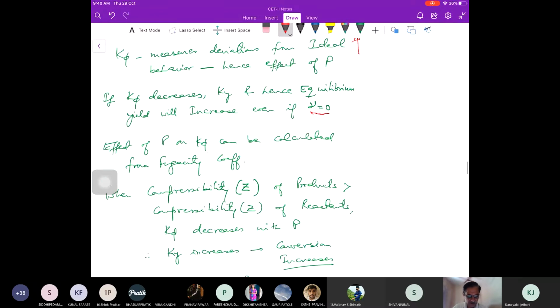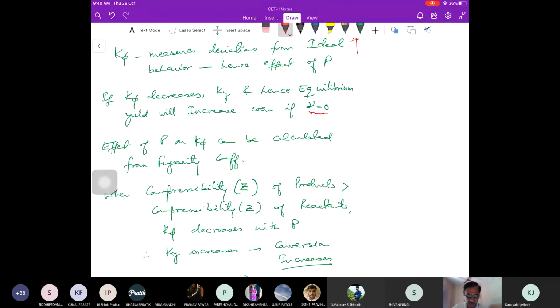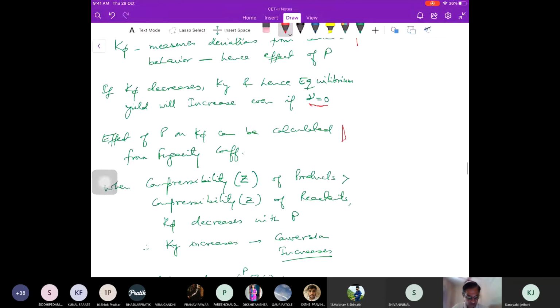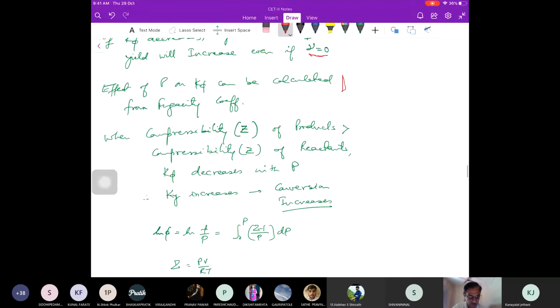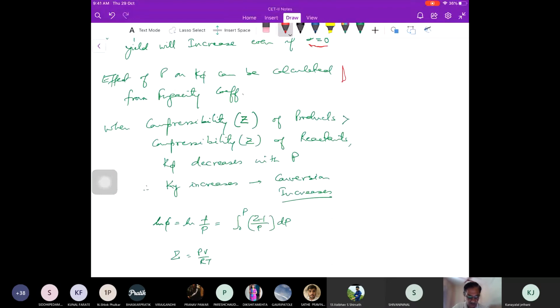And the effect of pressure on K phi can be calculated from the fugacity coefficient. We calculated this, right? We have done these calculations. I think it was in unit 3, right? Okay. So when the compressibility of products is greater than the compressibility of reactants, K phi decreases with pressure.